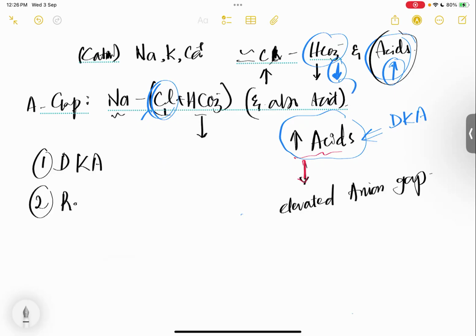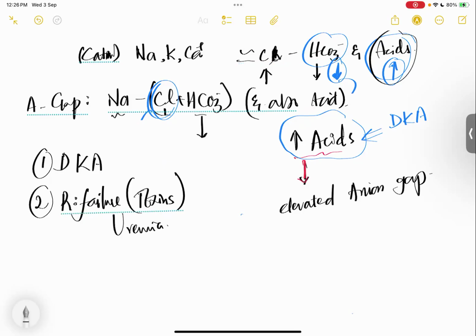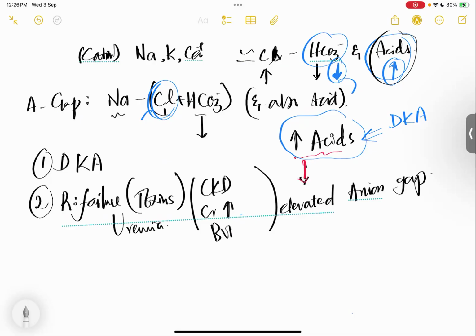What happens in renal failure? We have toxins accumulating in our body, so we call it uremia. If in the stem they have CKD, or they have given you increased creatinine and BUN, this means that we have increased toxins in renal failure.